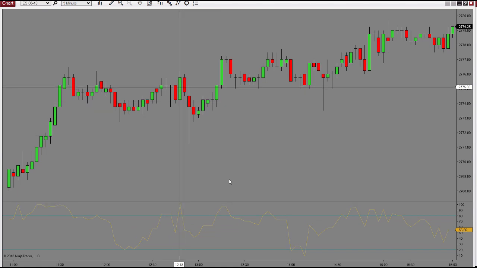Now, in my opinion, to me, by itself, this all means nothing. You have to learn how to combine a handful of things so that you can apply this and increase your edge in trading. Because at the end of the day, that's what we want to do, right? We want to learn how to increase our edge in the markets.